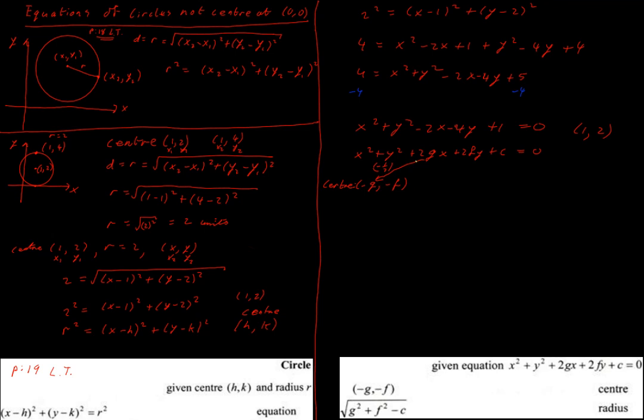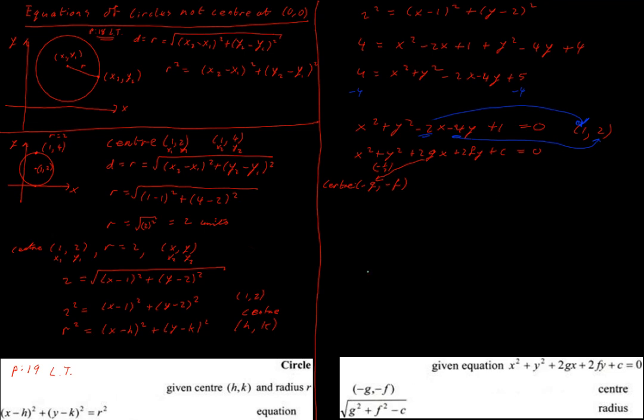So we multiply this number by minus a half, or half it and change the sign, and we get the center. Well, if I start out with minus 2 and I half it and change the sign, half of minus 2 is going to be minus 1, and change the sign, and I end up at 1. So that works out. That follows the correct pattern. And minus 4 divided by 2 and change the sign is going to give me 2.